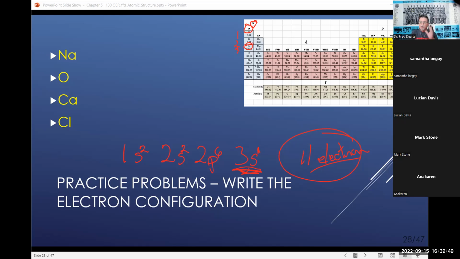Well, that Roman numeral 1A applies to everybody in that group. Everybody in that group down the column has 1 valence electron. Where they differ is the energy. For example, potassium's valence electron would be in the 4s1. And down the road, 4s1, 5s1, exactly. Okay. All right.